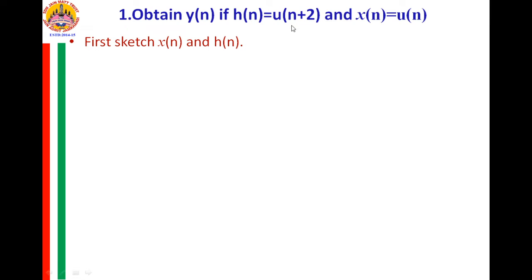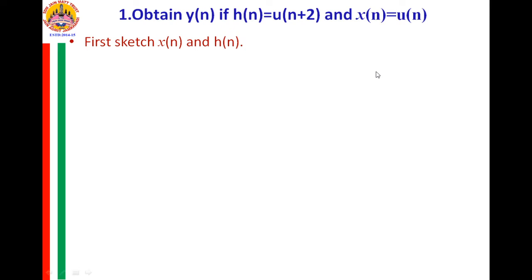What is the nature of u of n plus 2, what is its left end and what is its right end, and how does x of n equal to u of n exist? As you know, the unit step function exists from 0 onwards up to infinity with amplitude equal to 1.